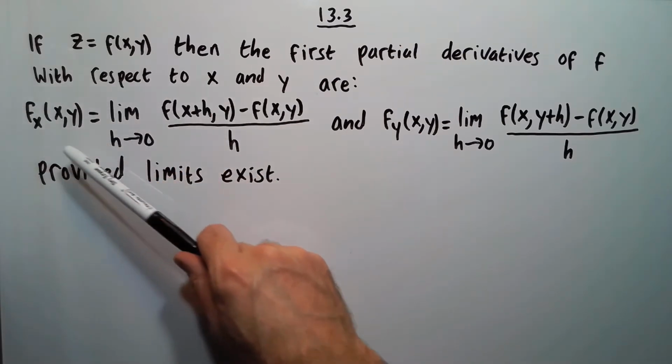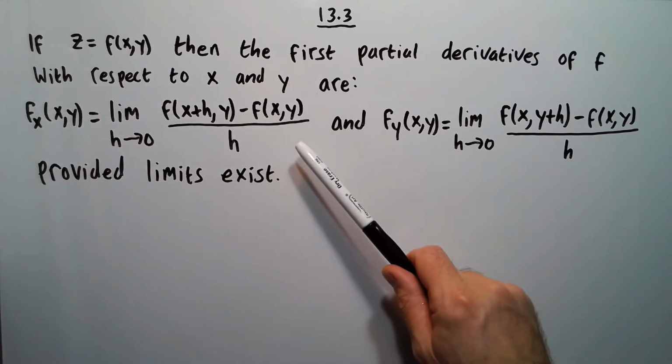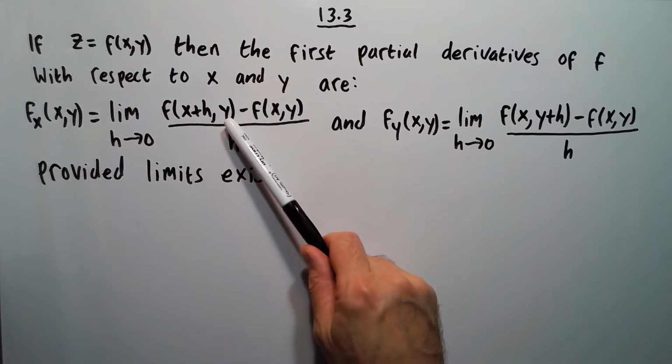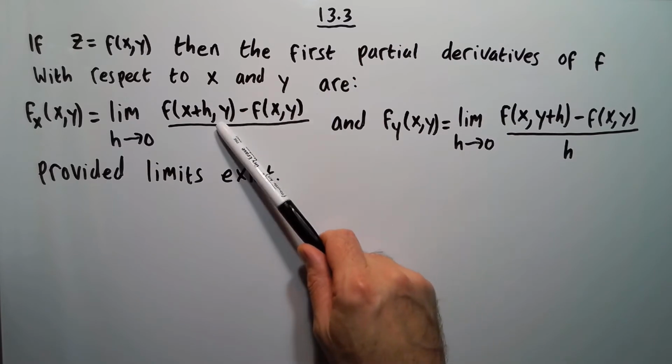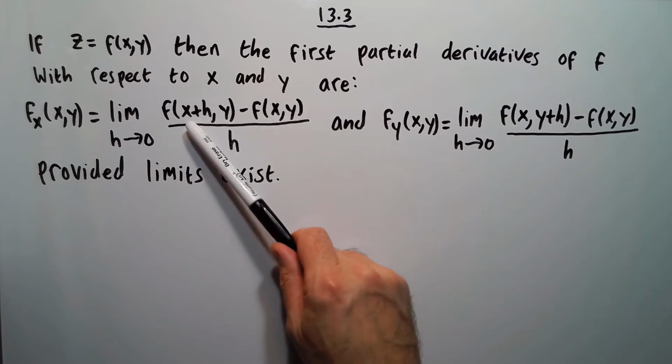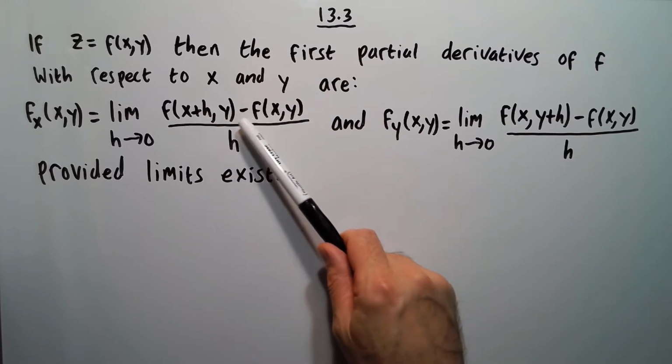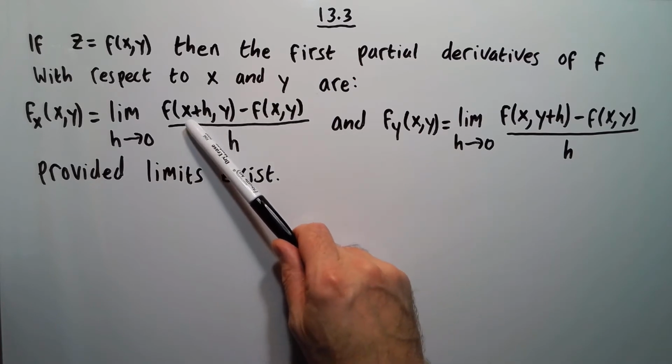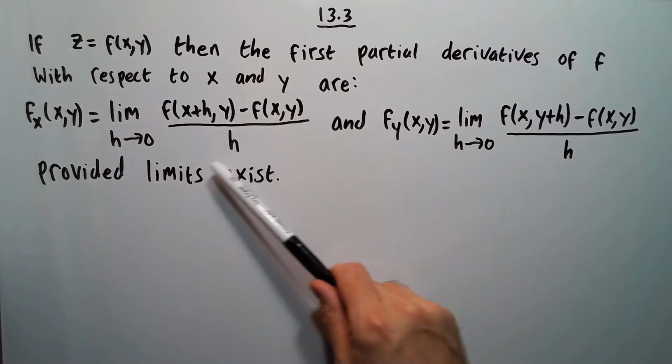So this is like the single variable definition of derivative, except the y is the same in both positions. The y here is considered a constant, and the variable is x for this first derivative.